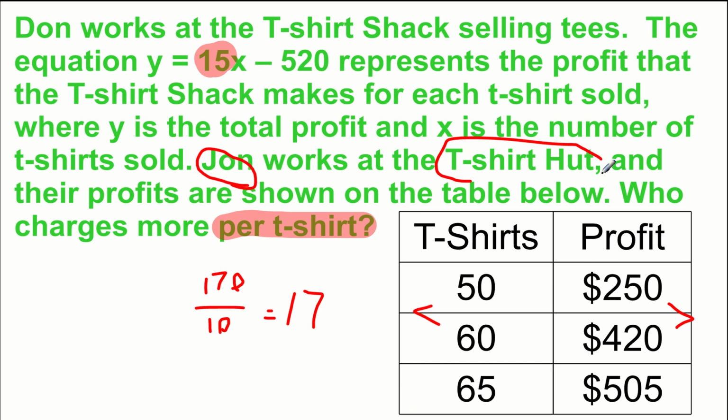Or the answer choice maybe would have like the shop's name. Either one. John and the T-shirt hut. Sometimes that's the trickiest thing on this is keeping straight who's who. So just always be careful with that. Any questions there? You can see this isn't anything horribly more difficult. It's kind of like doing almost 2 problems in one though.